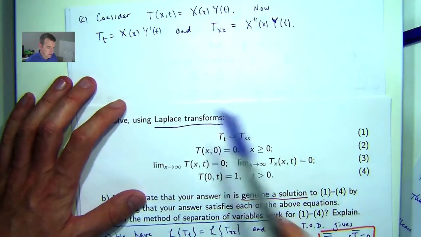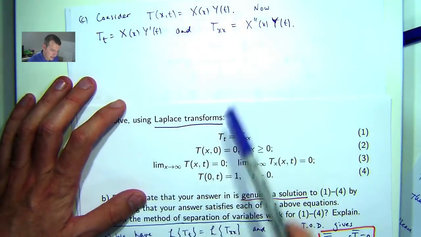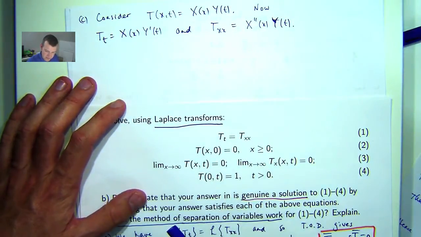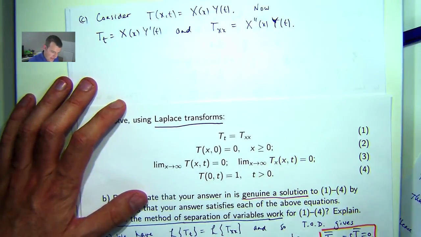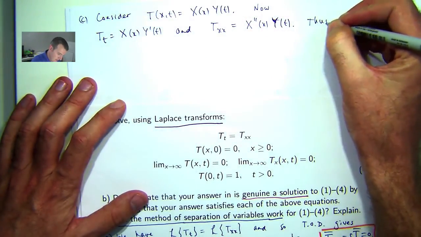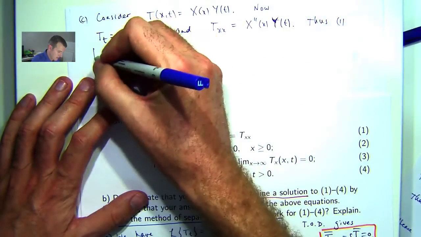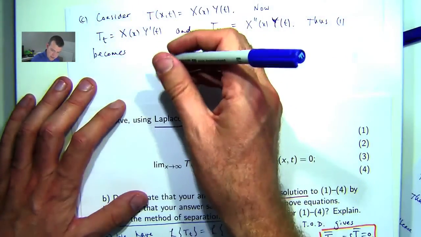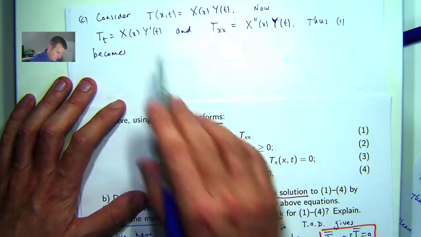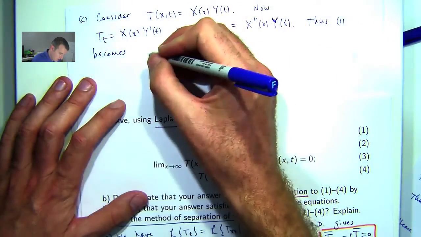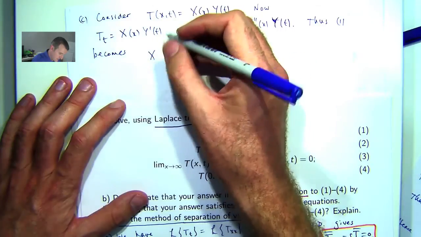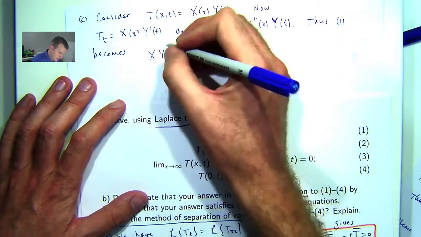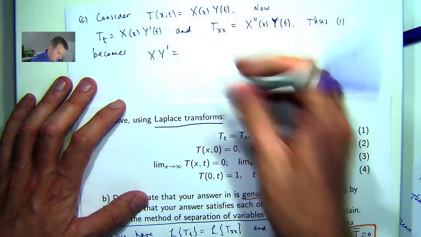Okay. So then let's write these out in terms of this partial differential equation, and let's see what happens. Okay, so I can replace this with this. Now I'm going to drop off the arguments of big X and big Y just to save a bit of space.